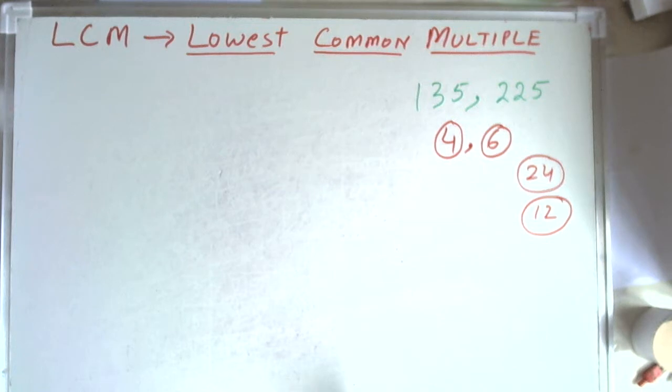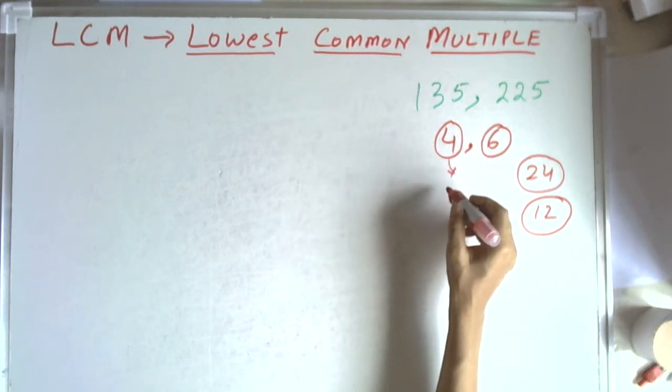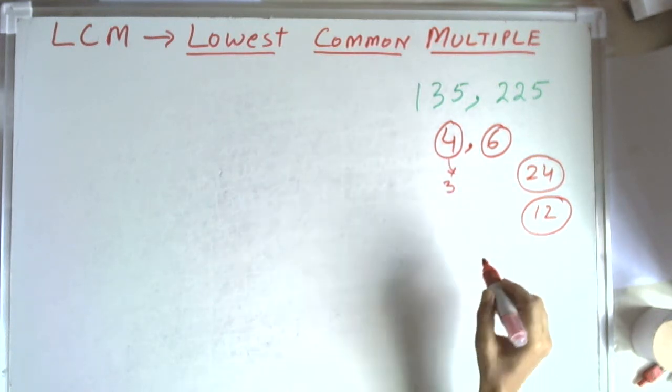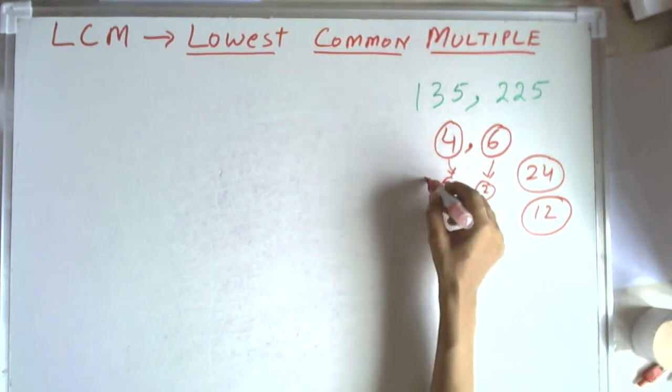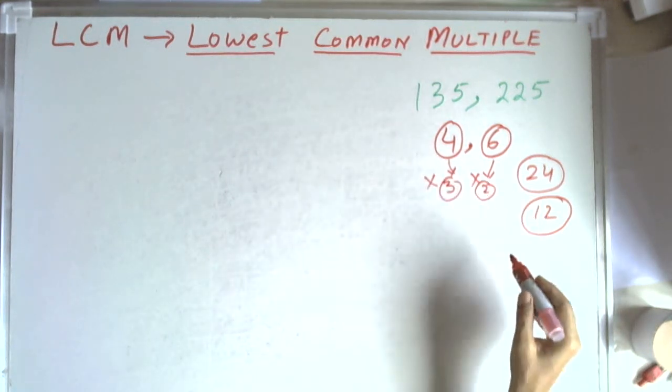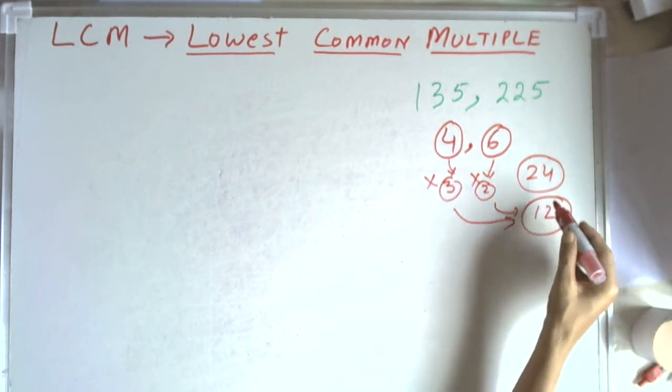So by now you must understand that a multiple is something which we get if we multiply by an integer. In this case 12, we can multiply 4 by 3 and we will get 12, and we can multiply 6 by 2 and we will get 12. So that is why it's a common multiple.